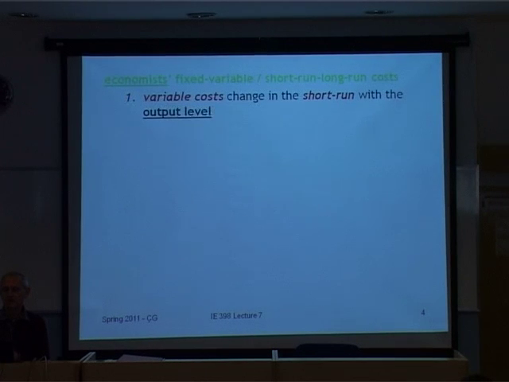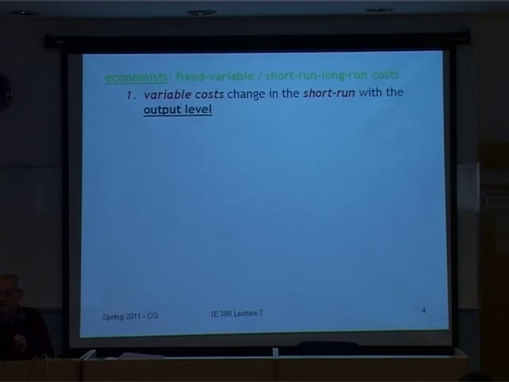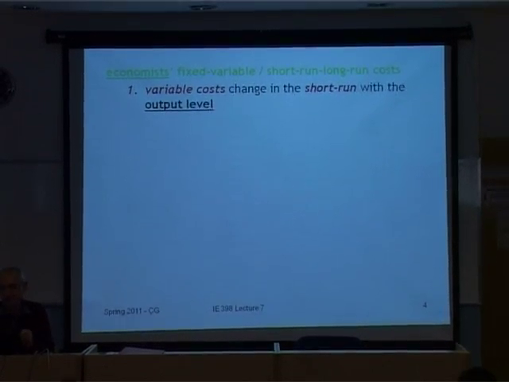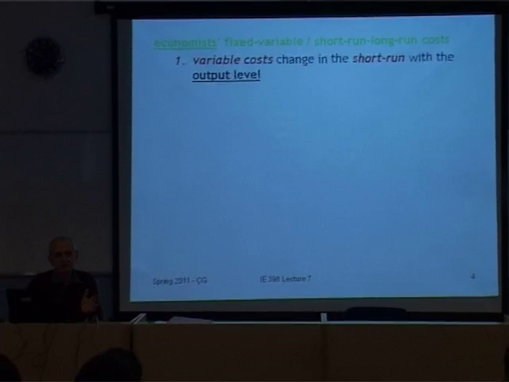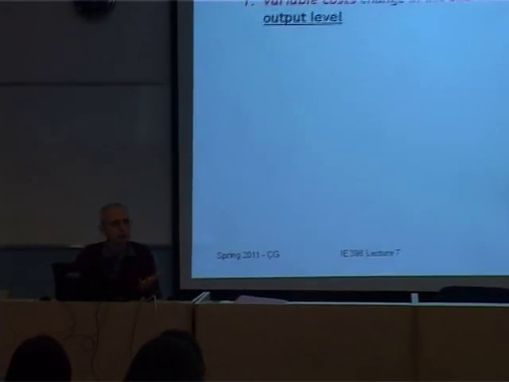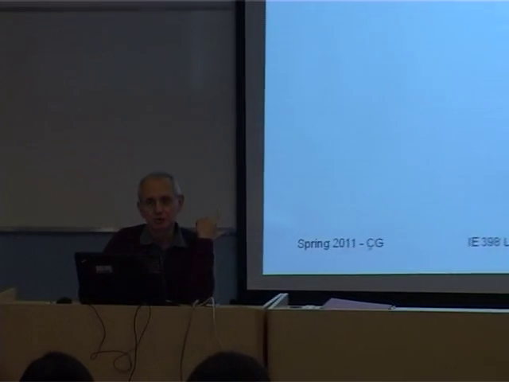Now, we know that a variable cost is a cost which changes. It changes in the short run. In the short run, what causes it to change? The output level. The output level, when it increases, okay, the total variable cost increases.